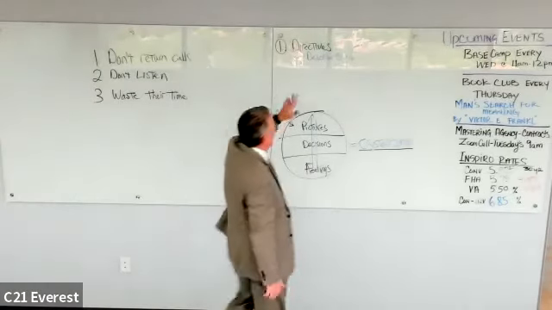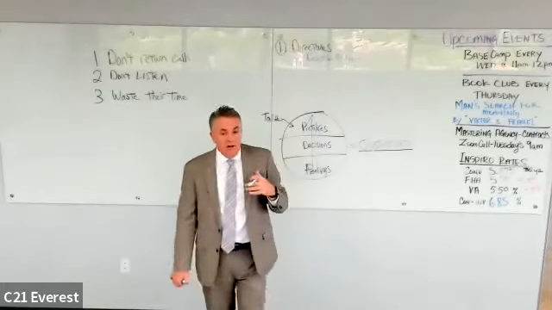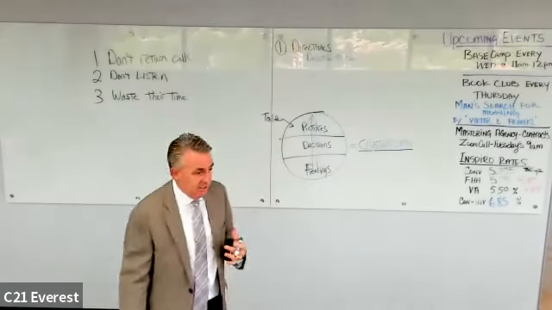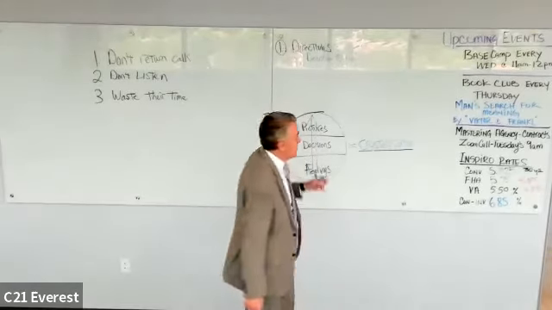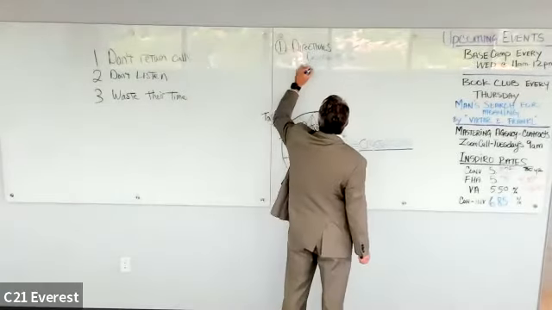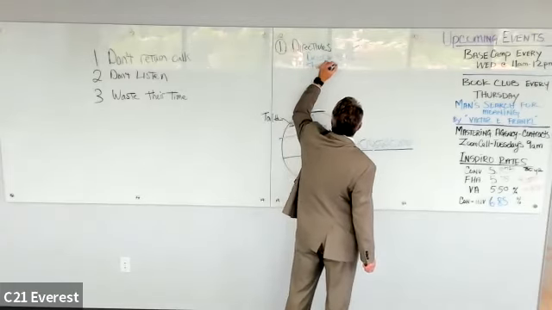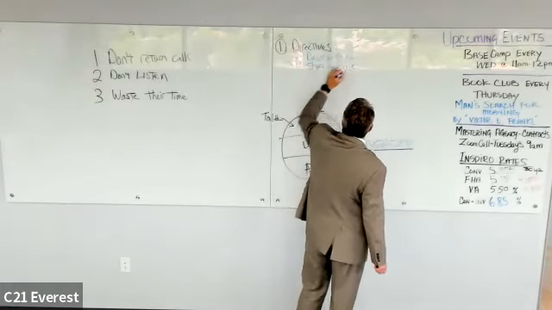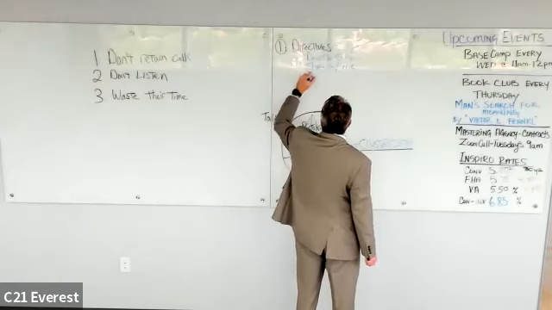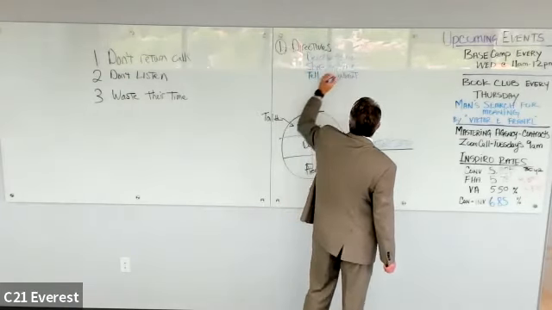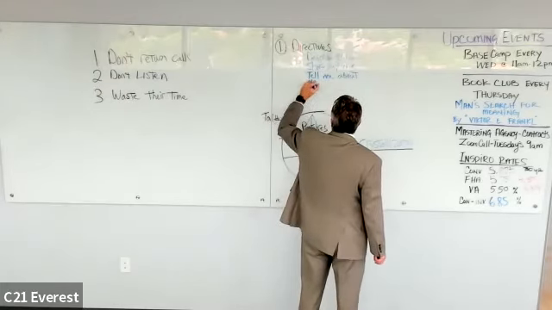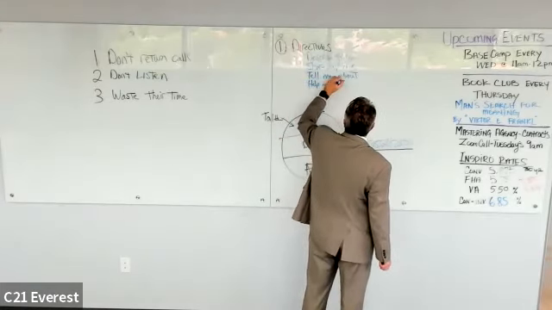Okay. So we're always going to start our conversations with our clients with a directive. And a directive is going to be "describe for me," or it could be "share with me," or it could be "tell me about," or it could be "help me understand."